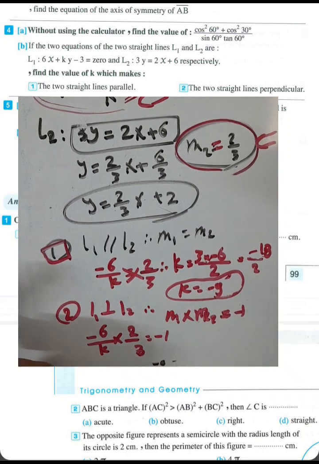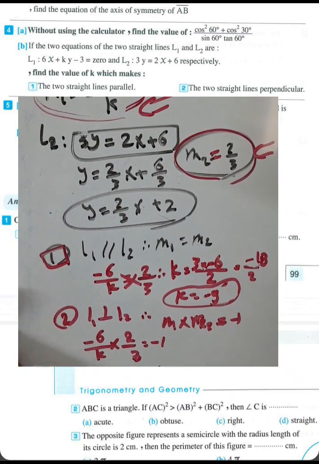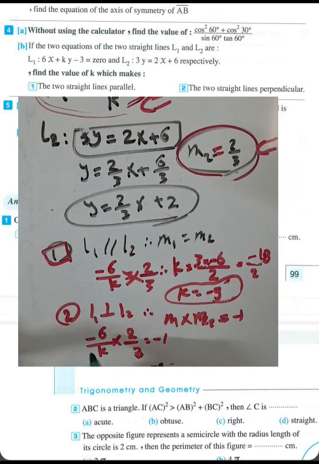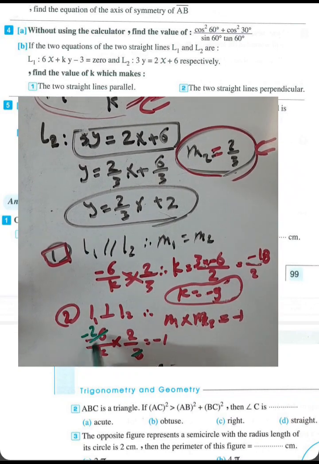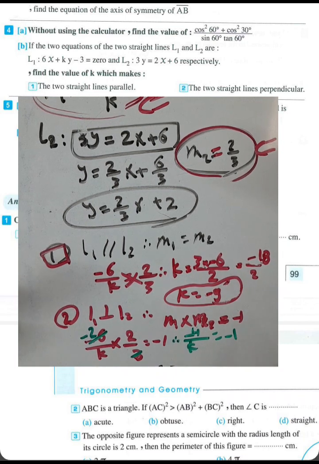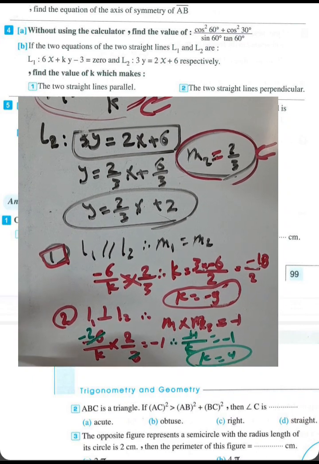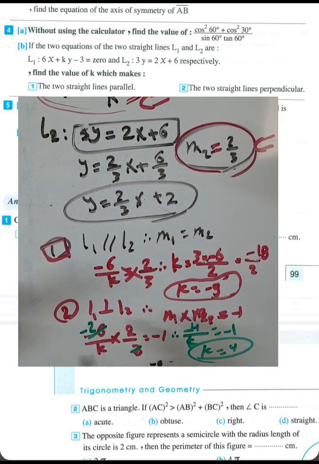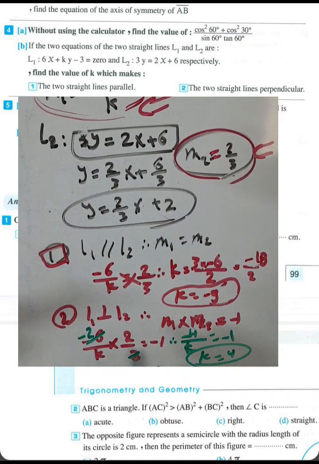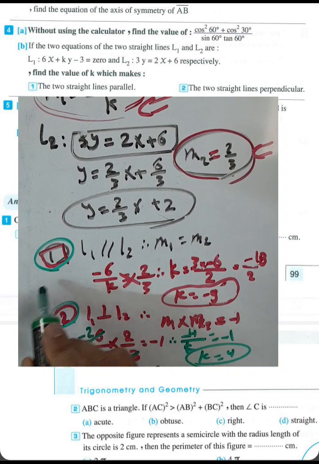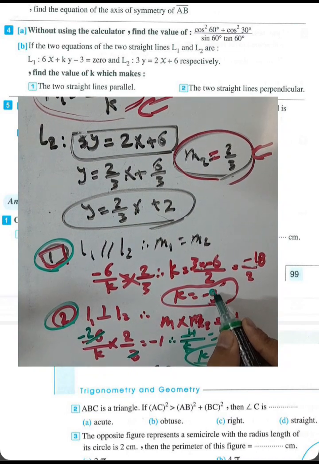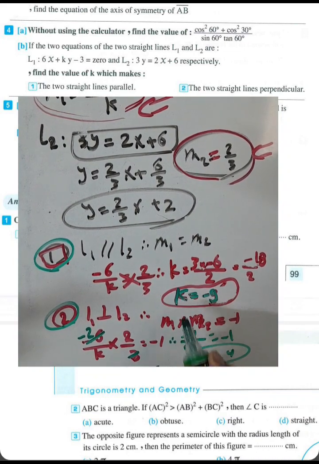Simplifying, negative 6 divided by 3 is negative 2, and negative 2 times 2 is negative 4. The negative 4 over k equals negative 1, so k will be 4, because negative 4 divided by 4 equals negative 1. The value of k equals 4 in the second question, and in the first question k equals negative 9. Okay, that's the first solution.